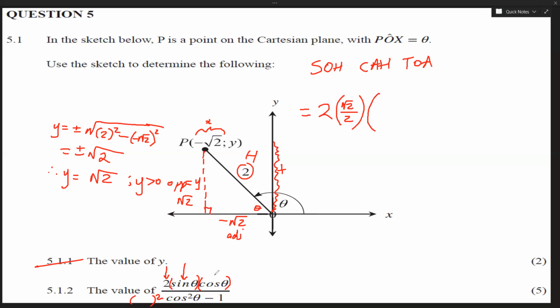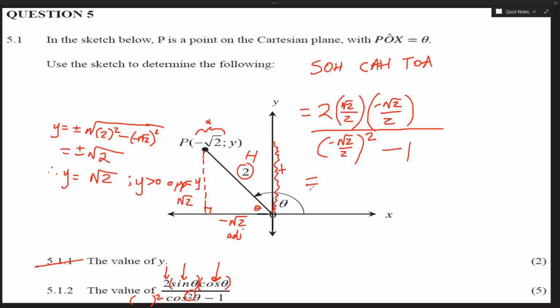And then my cos, we're going to replace it by adjacent divided by hypotenuse. So it's negative square root 2 over 2. And then we're going to say over the same thing, cos, it's negative root 2 over 2. But remember, because of the square, we need to put a square there. Then we put a minus.